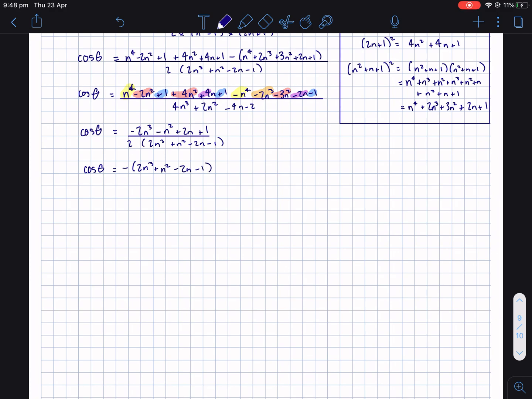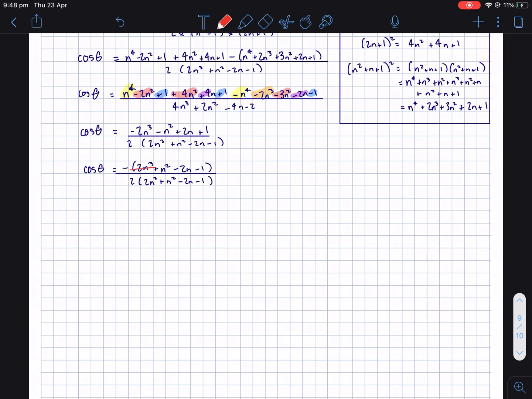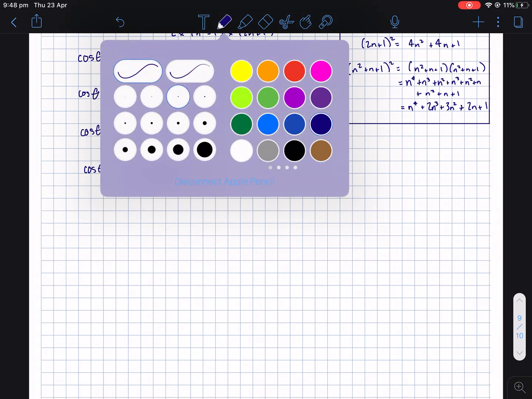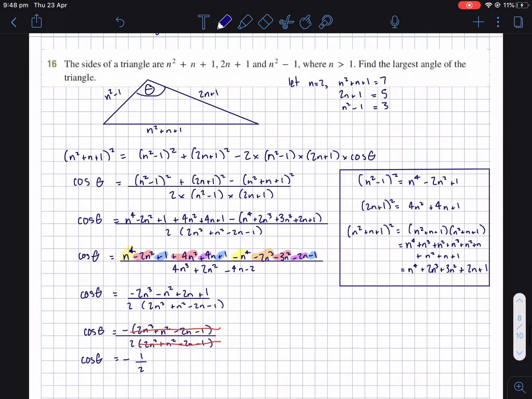So don't forget, when you take a negative out the front, you're changing all the signs inside. Which means these cancel out and we get -1 over 2. Oh, they went there. No, oh, those. How I feel personally attacked by that question.